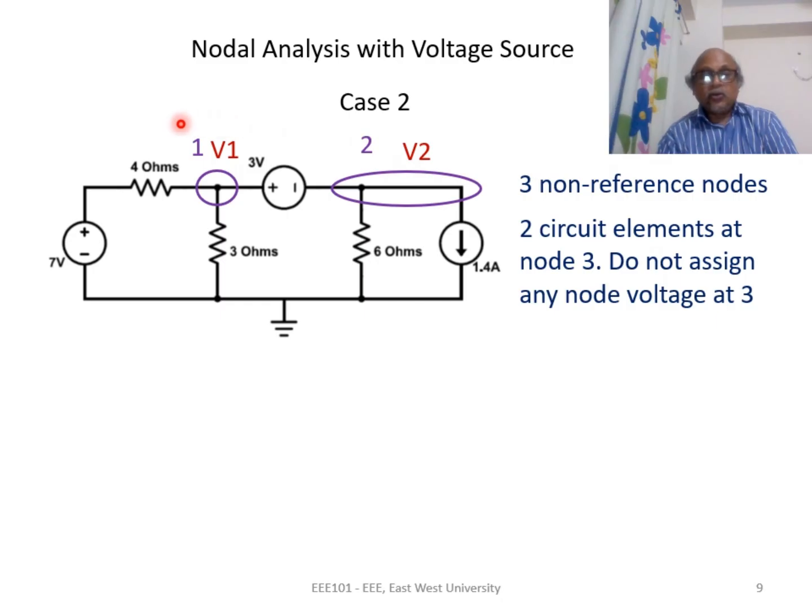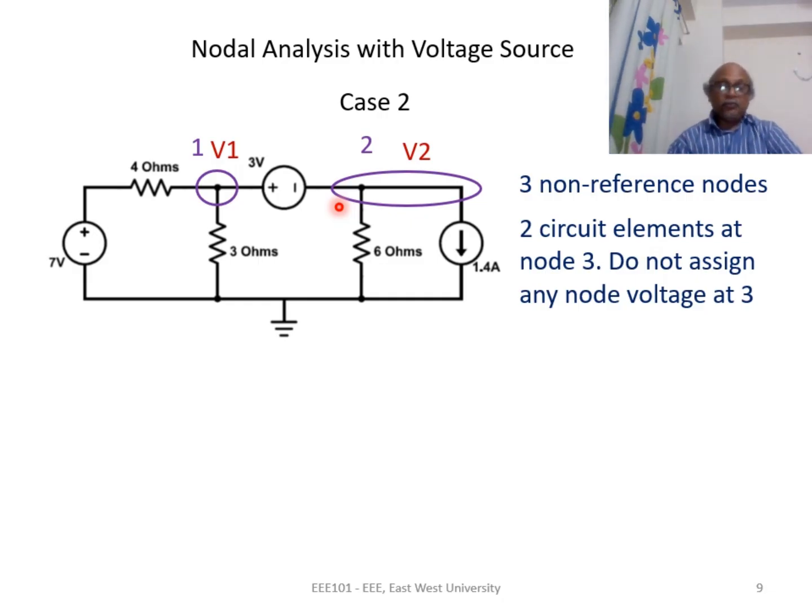We assign 2 node voltages at node 1 and node 2. At each node, there are 3 circuit elements connected. If we look at node 1, in addition to the 2 resistances, there is a voltage source. And if we look at node 2, in addition to the resistance and current source, there is a voltage source.